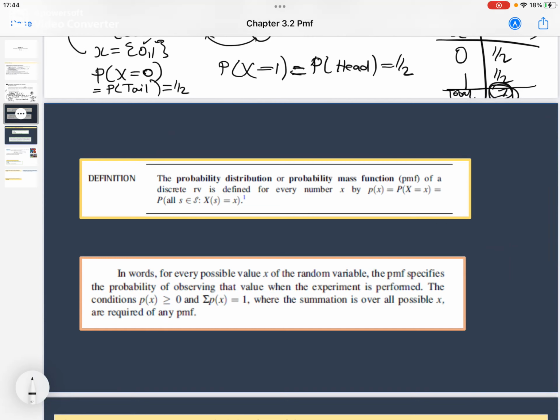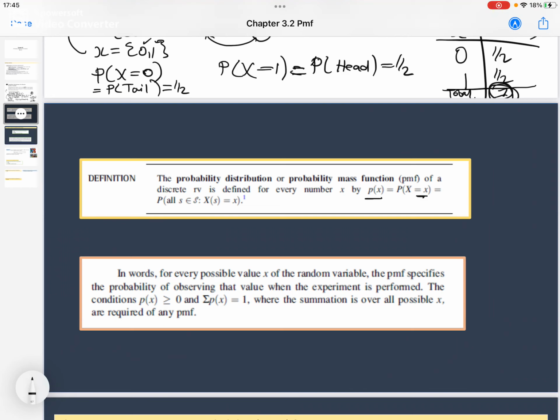This leads me to the first definition in section 3.2, which says the probability distribution or probability mass function of a discrete random variable is defined for every number x by this notation, small p, and in brackets the possible value for our random variable, and that is equal to the probability that x is equal to that particular possible value.